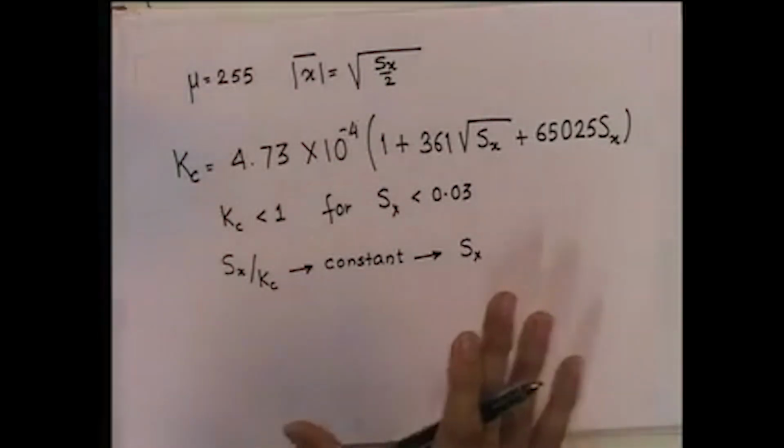So, consequently, mu law companding for voice signals provides an essentially fixed value of signal to quantization noise ratio despite the variations of S x, the input variance, among the individual talkers.